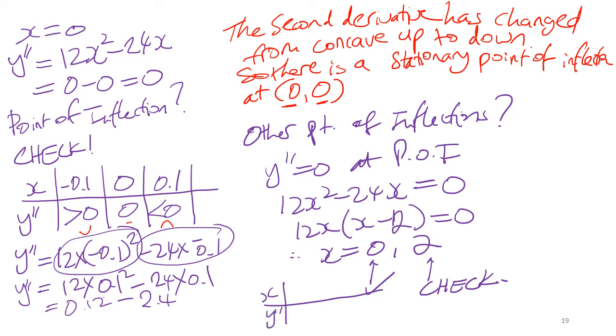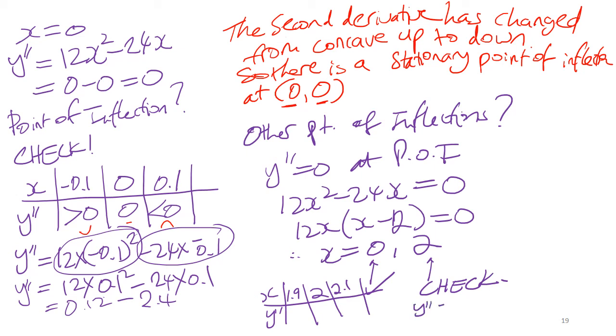x and then y double dash. We'll do 2.1 and then 1.9, slightly greater and smaller than that actual point.